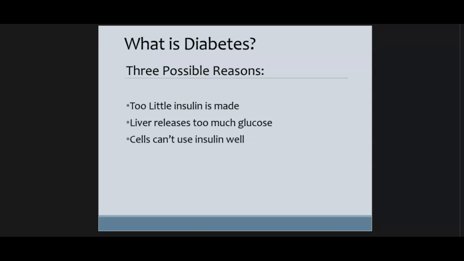The insulin's being released, but something's dysfunctional, so the cell's not using the insulin well. So in an individual with diabetes, the pancreas is either not making any insulin or it's not making enough. I didn't mention that in the beginning.